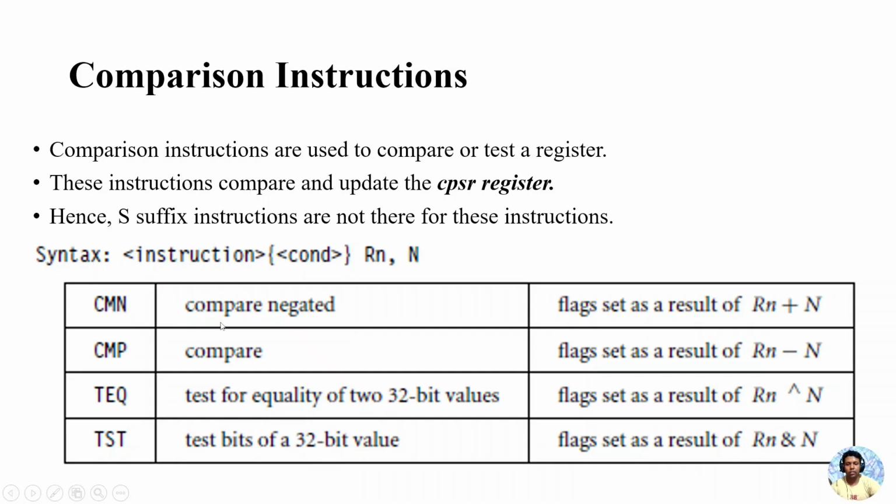CMN: compare negated. CMP: compare. TEQ: test for equality of two 32-bit values. TST: test bits of a 32-bit value.